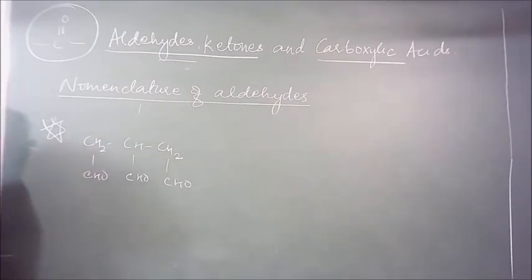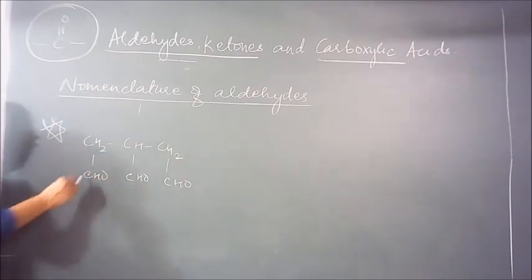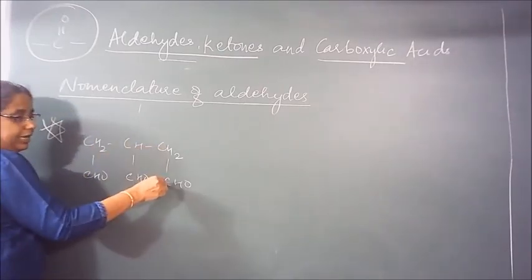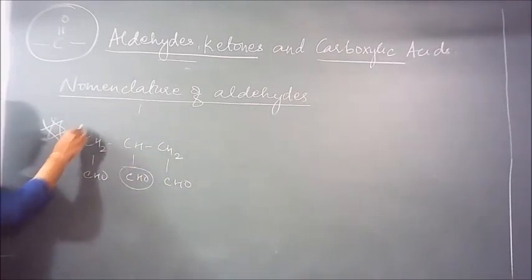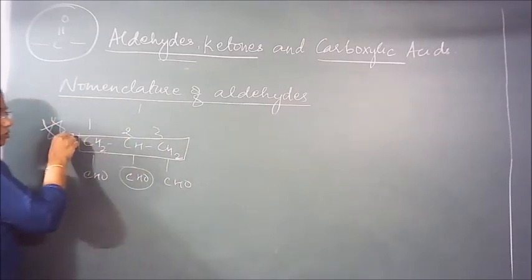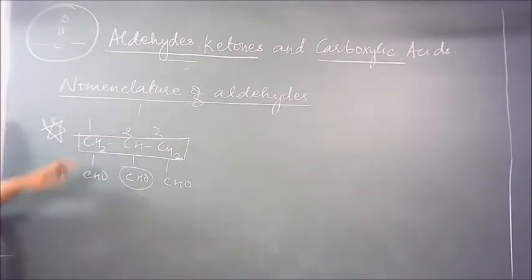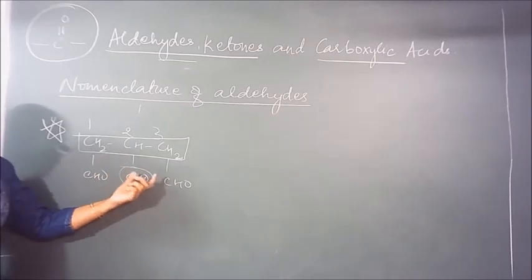This is not a compound where you will take all these carbon atoms, because 1, 2, 3, 4, 5 I can name, but what do I do to this carbon atom? I cannot. So I only number the parent chain. So this is called propane 1, 2, 3 tricarbaldehyde. This is what? Aldehyde.